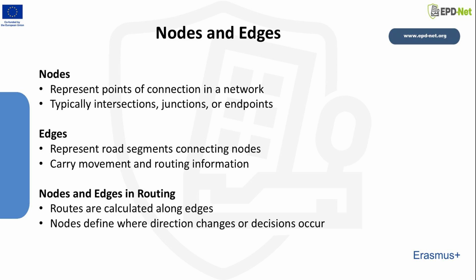In a GIS network, movement is modeled using two basic components: nodes and edges. Nodes represent points of connection within the network. These are typically intersections, junctions, or endpoints where roads meet or where routing decisions are made. Edges represent the road segments that connect nodes to each other. They define the paths along which movement occurs and carry important information used in routing, such as distance, travel time, and accessibility.